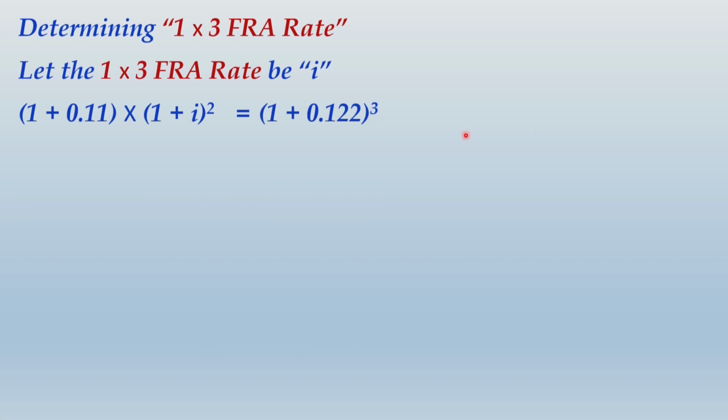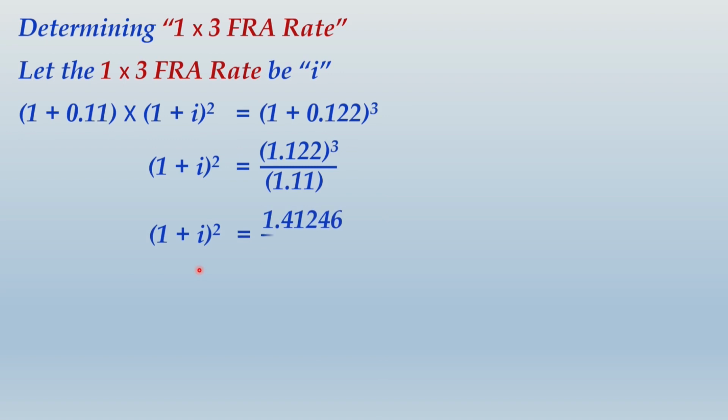When you solve this equation, this side, left side, you will get 1 plus I whole square equals to this side 1.122 raised to 3 divided by 1.11. Solving this part now, so 1 plus I whole square will be 1.41246 divided by 1.11. Again, 1 plus I whole square gives you 1.272486.